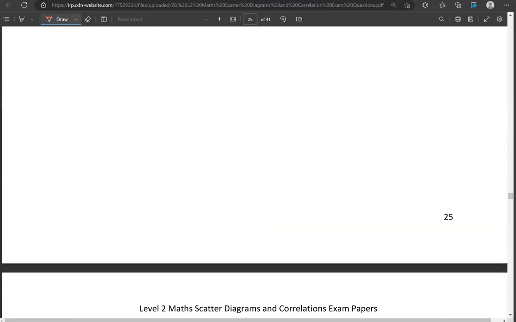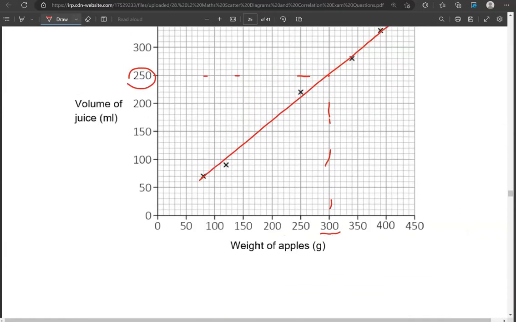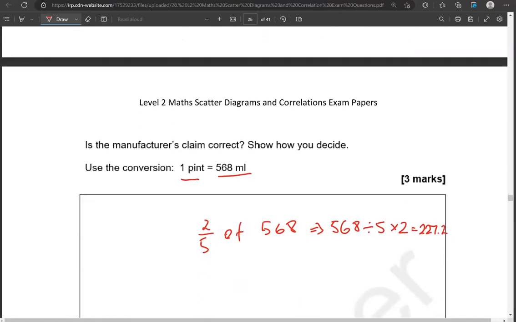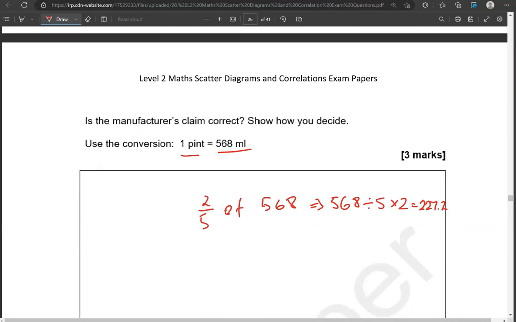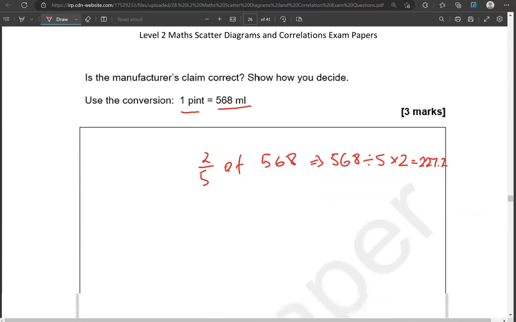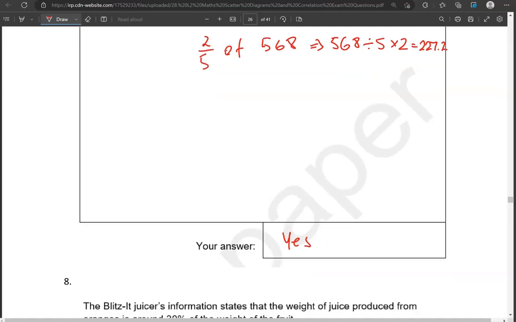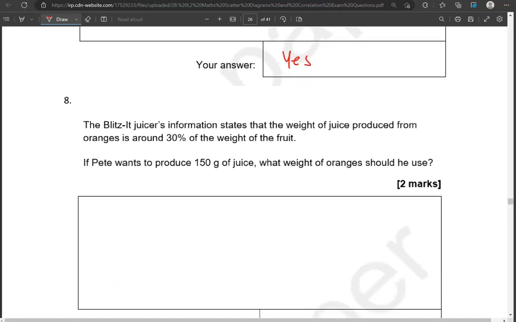We saw that 300 grams of apples produces 250 milliliters. So that is more than 227. So is the manufacturer's claim correct? We're going to say yes, because it produces even more than that. And of course, this is estimation. When you use the line of best fit, you can't be absolutely certain. That's why we're going to say yes.